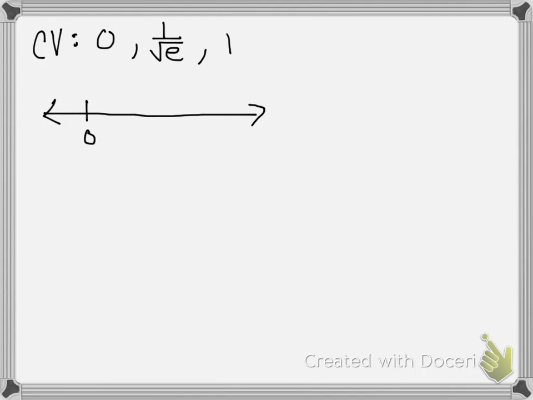Say 0, 1 over radical e, and then 1. And you can go through and plug them into a calculator, but between these values, just pick something between 0 and 1 over radical e, and there it's going to be negative, and anything greater than that you're going to be positive and positive.